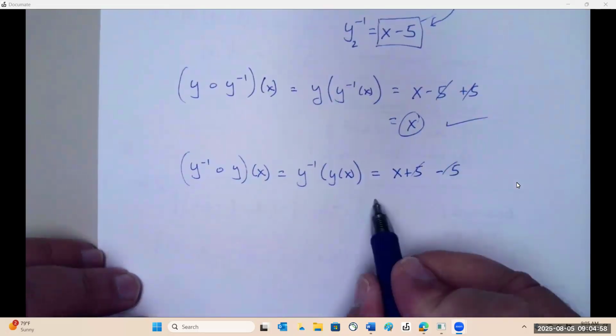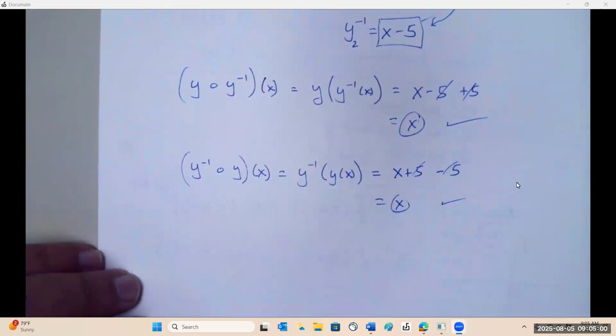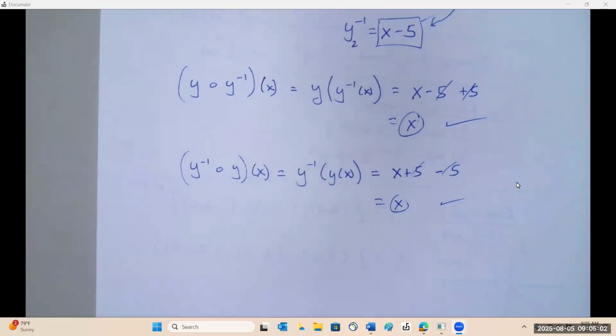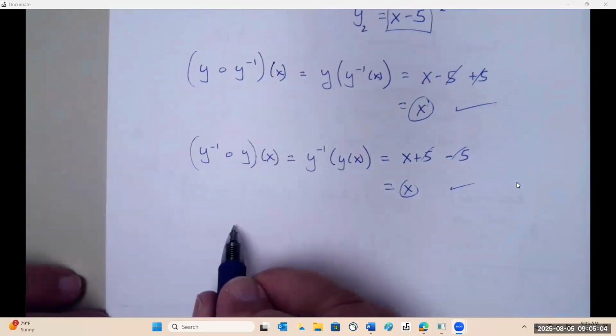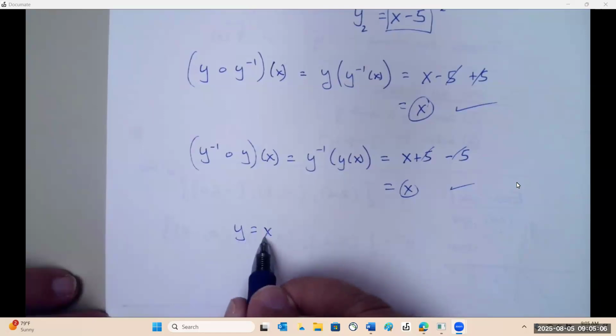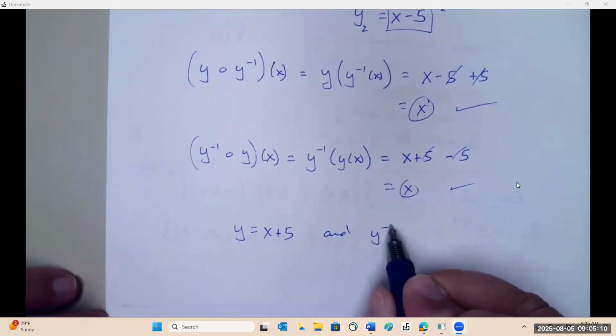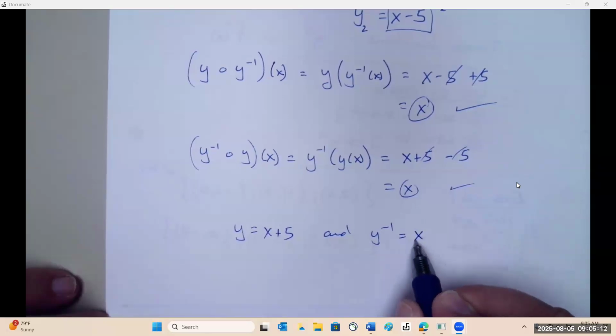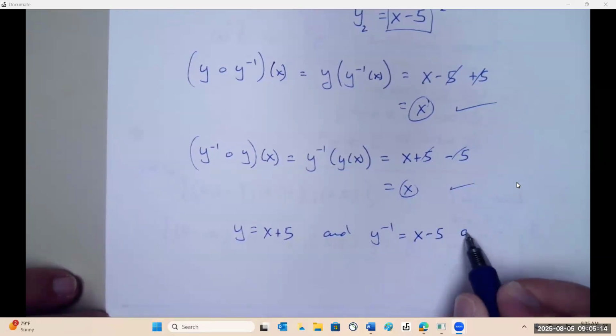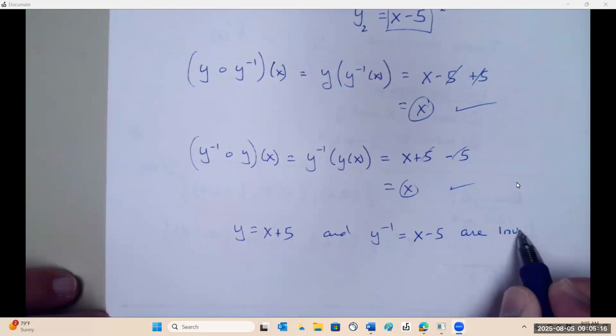The 5's cancel, which leaves x. Check. So y equals x plus 5 and y inverse equals x minus 5 are inverses.